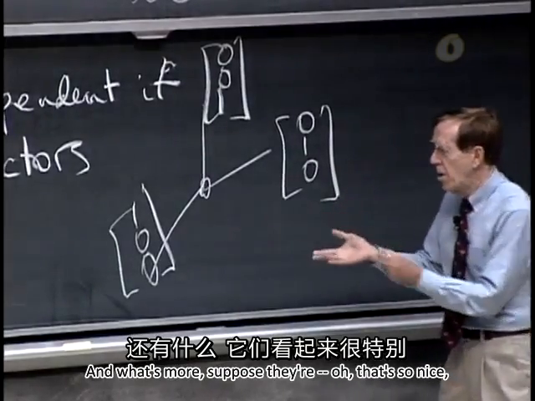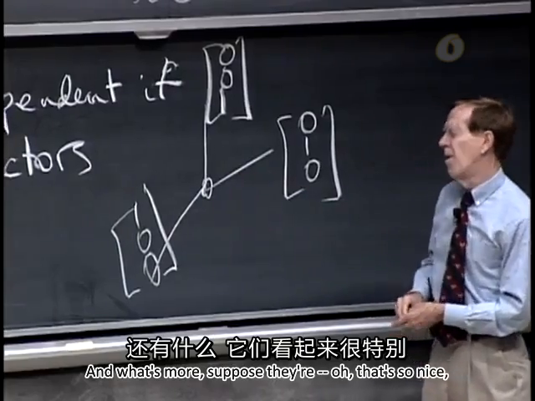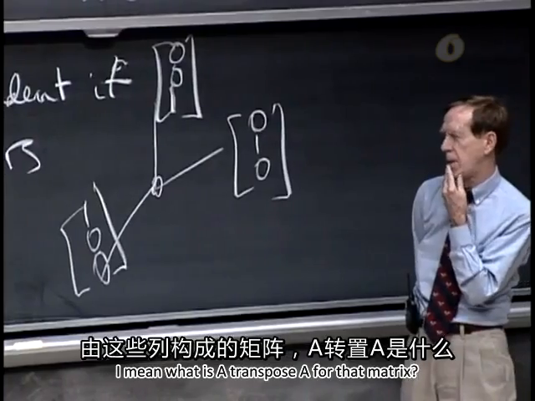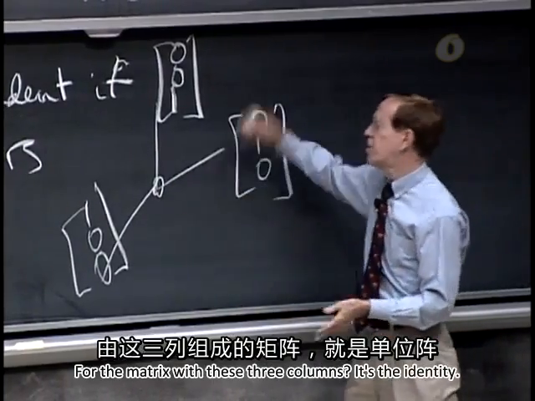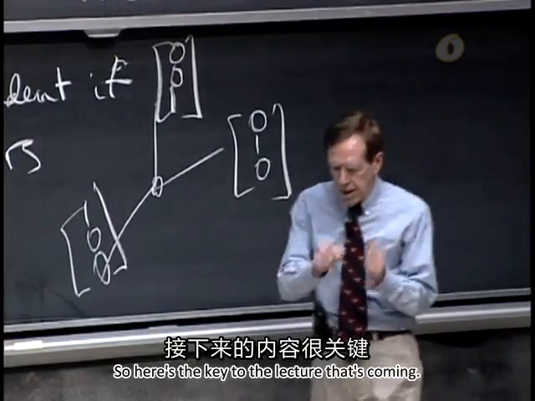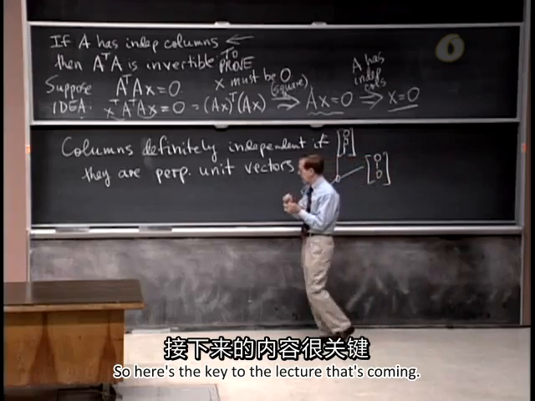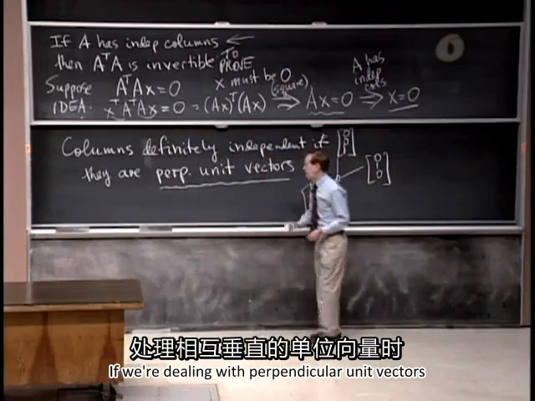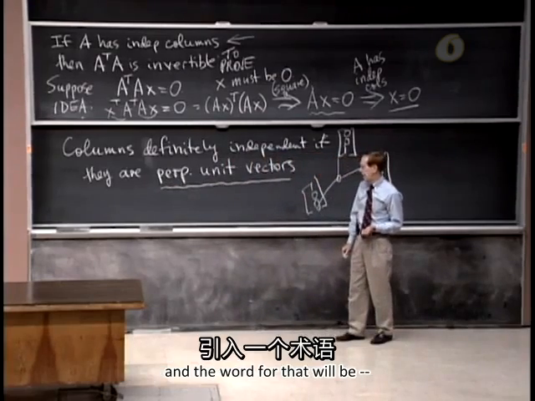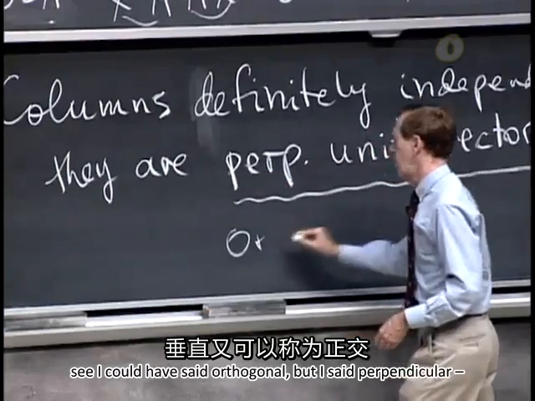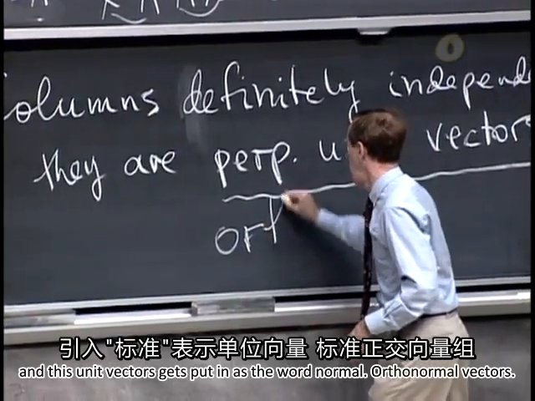And what's more, oh, that's so nice. I mean, what is A transpose A for that matrix, the matrix with these 3 columns? It's the identity. So here's the key to the lecture that's coming. If we are dealing with perpendicular unit vectors, and the word for that will be "ortho." See, I could have said orthogonal, but I said perpendicular.